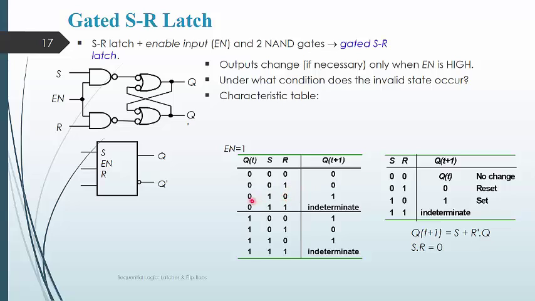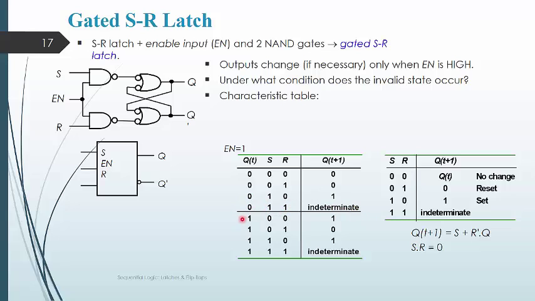The Qt output, that is the present state, is 0, but S is 1. Because of that, the next state will change to 1, which is said to be the set state. If suppose this Qt is 0 and the S and R inputs both are 1, definitely it will be indeterminate.